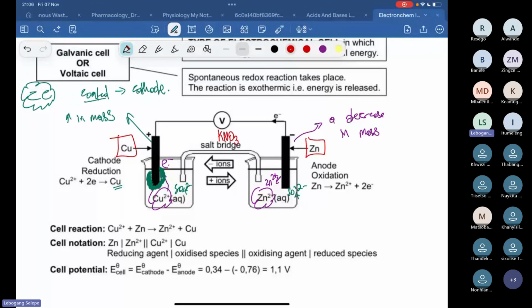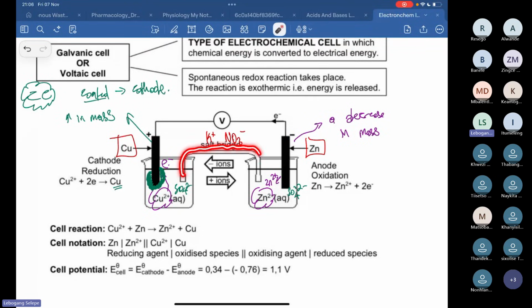It's a common solution that is used in a salt bridge. Remember, any solution would dissociate into its components, or its constituents. So it would dissociate into K+ and NO3-. So basically, in this salt bridge, we have a lot of K+ ions and NO3- ions.